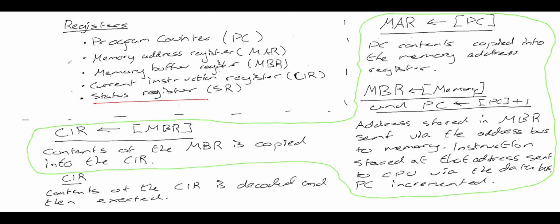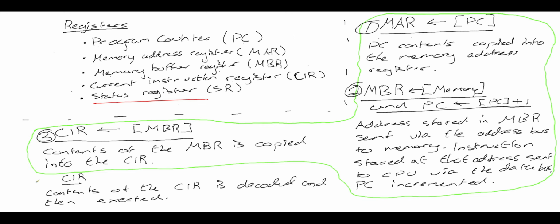The first stage here, the copying of the contents of the program counter into the memory address register, so stage one, the complex stage here of fetching the instruction from memory and incrementing the program counter, so stage 2, and the copying of the instruction from the memory buffer register into the current instruction register, so stage 3, is all part of what at GCSE you might call the fetch part of the Fetch-Decode-Execute cycle.